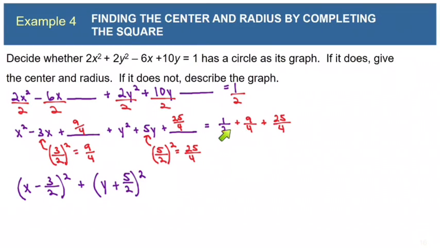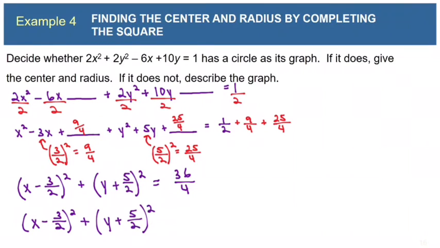Of course, 1/2 is 2/4. 2/4 plus 9/4 plus 25/4 all adds up to 36/4. And 36/4 is going to simplify to 9. So this is the final form we end up with. Now since 9 is positive, we are going to get a circle as our graph.